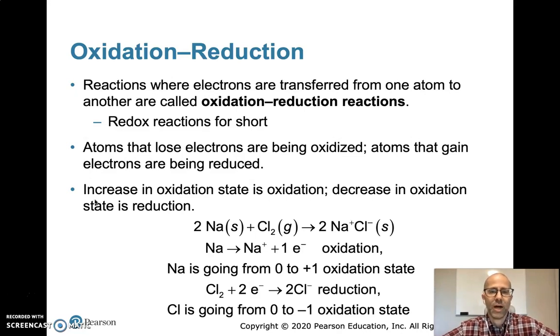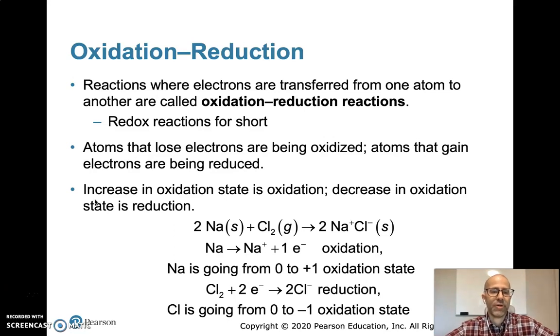If an atom changes its oxidation state in going from a reactant to a product, that indicates that it's either being oxidized or being reduced.